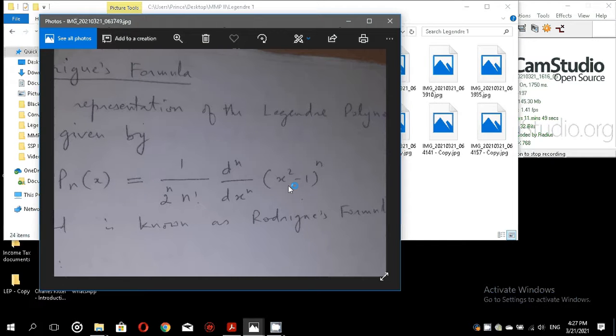The utility of this formula is that we can find the Legendre polynomial of any order n, which will be the solution of the Legendre differential equation of order n. This is known as the Rodrigues formula, which we will derive shortly.